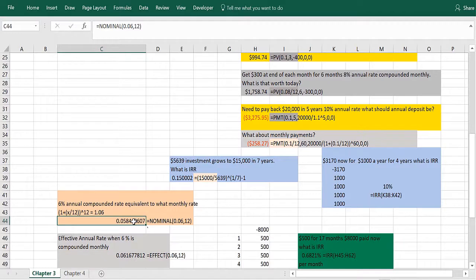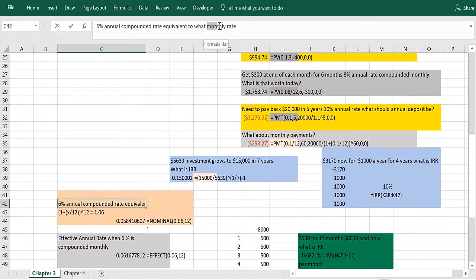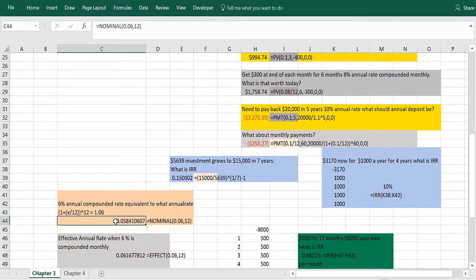Basically 5.84% per year. This should say what annual rate. So if you're getting 6% effective, then 5.84% compounded monthly would be equivalent to that.